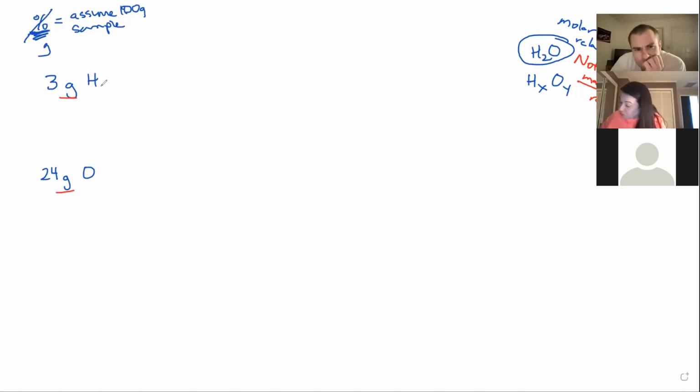Okay, so we're in grams. So first thing is to get it into moles. How do you do that? You use the molar mass. So 1 mole of hydrogen is equivalent to 1.01 grams of hydrogen, right? That's the molar mass. For oxygen, I need to use the molar mass for oxygen. So for every 1 mole of oxygen, it's approximately 16 grams of oxygen. And now we can figure out our mole value.